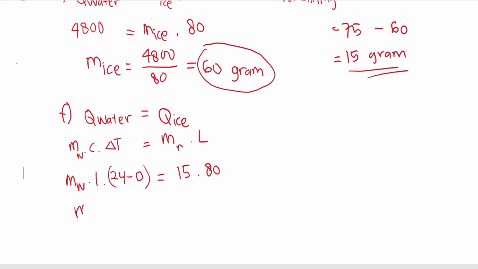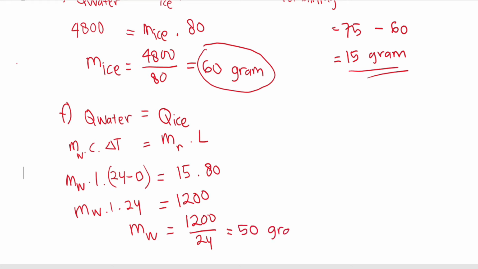So mass of water times 1 times 24 equals 1,200, and then the mass of water is equal to 1,200 divided by 24, so it is 50 grams. So they need to add 50 grams to make all the ice melt. Okay, this is the answer for question 1.